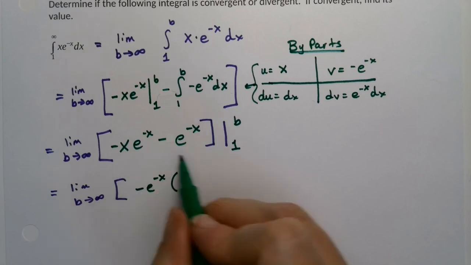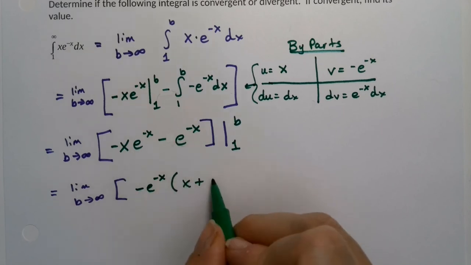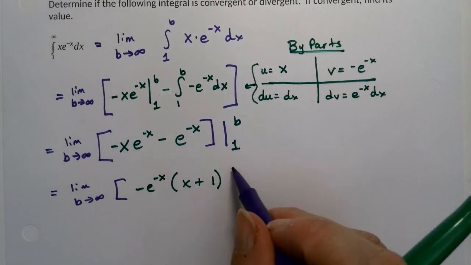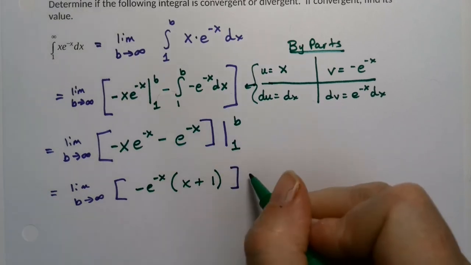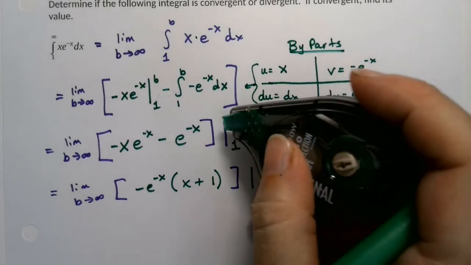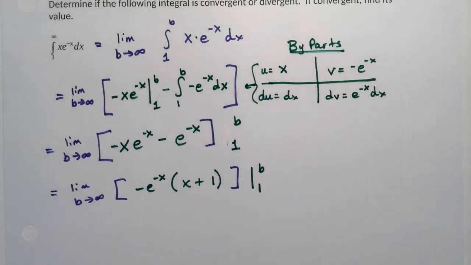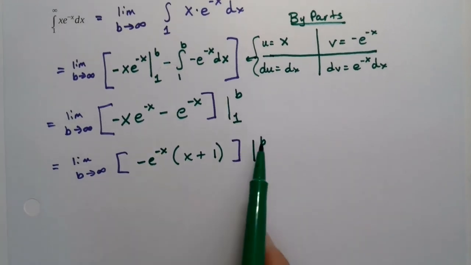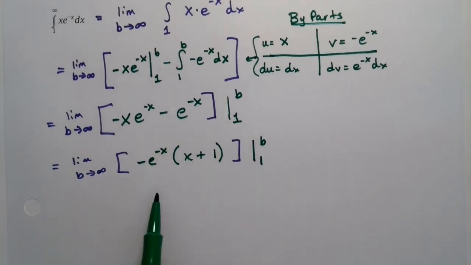And then that'll leave me x plus 1 right here, because I factored everything out, so there's a 1 in there. I don't know if this was strictly necessary, but it just seemed to me like it would be a little bit easier. Okay, so then I'm finally to the point where I can substitute and put b in and put 1 in and then take the limit.